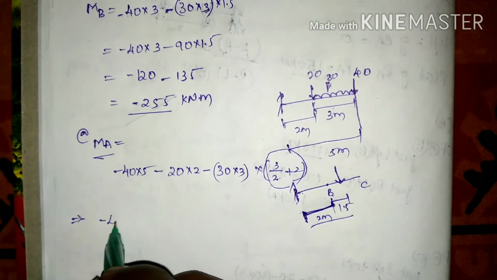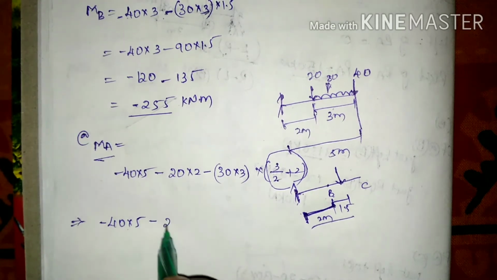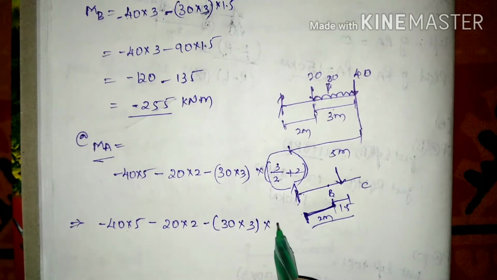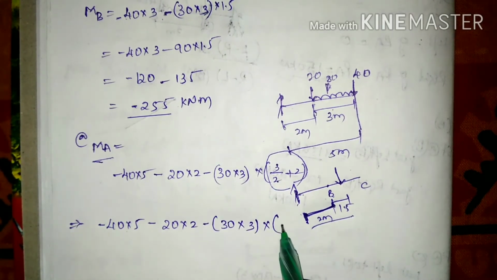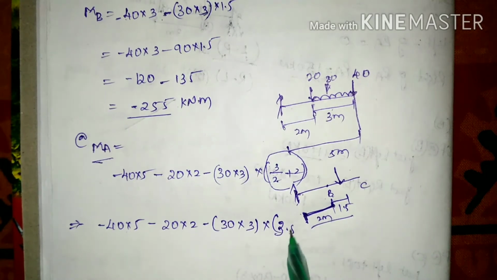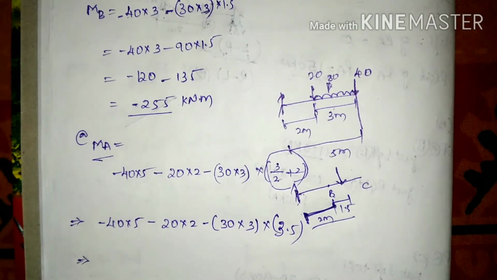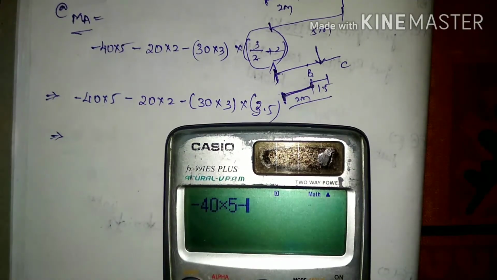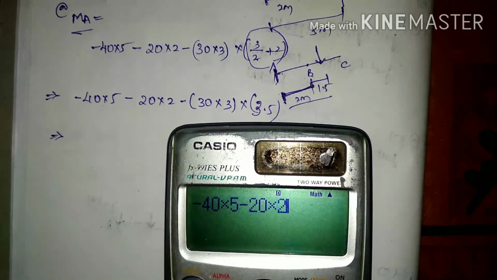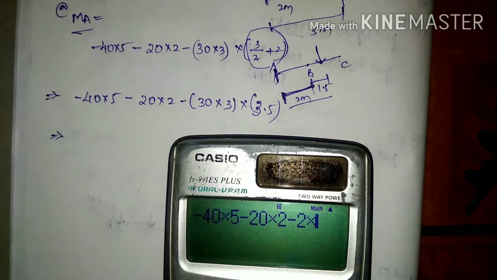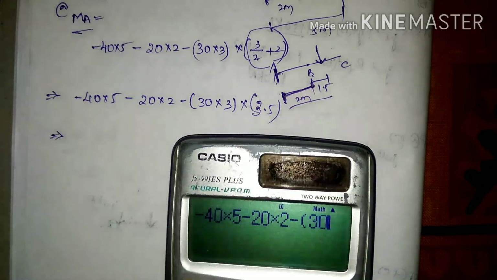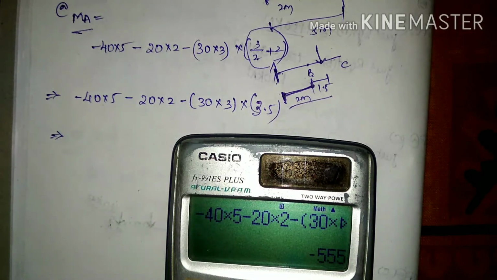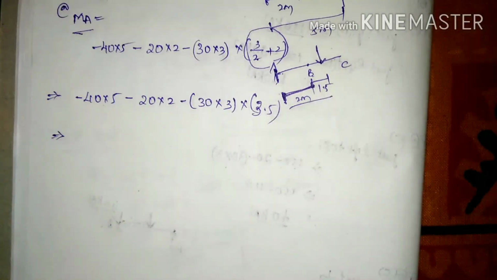That is minus 40 into 5 minus 20 into 2 minus 30 into 3 of 3.5, that gives rise to minus 355 kilonewton into meter.